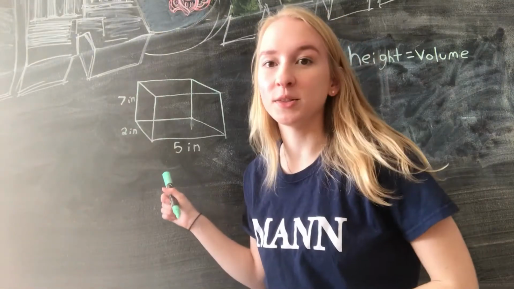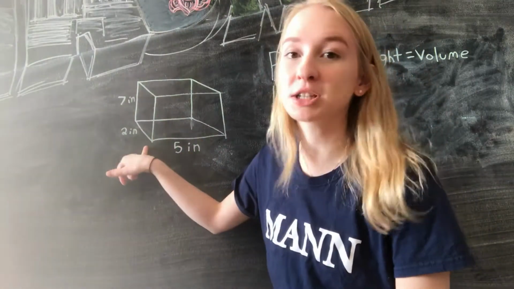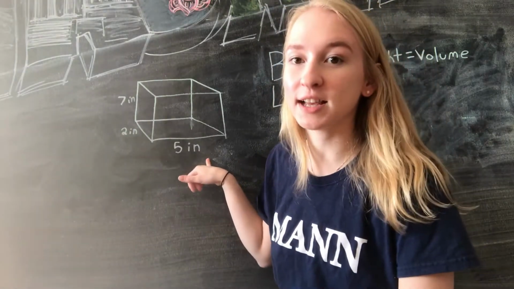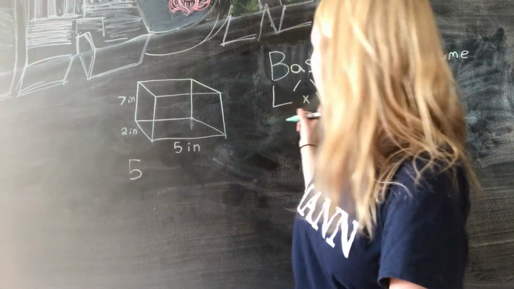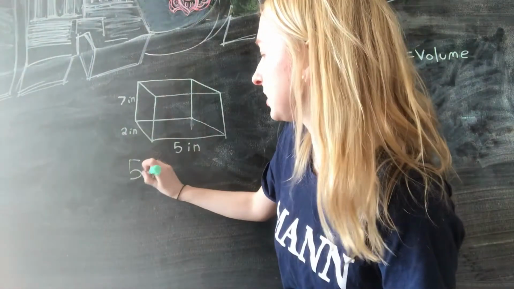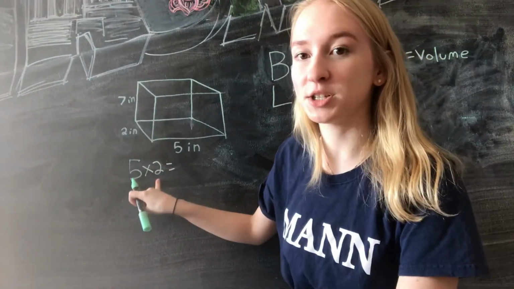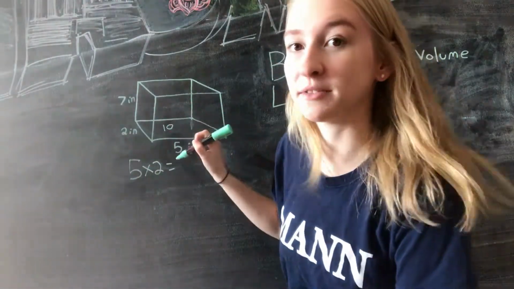So over here on the board, I've drawn a rectangular prism with some dimensions, and we're just going to practice using this formula. So here I have the length as 5 inches, so I'm going to write 5. Then I have the width as 2 inches, so I'm going to multiply this by 2. And 5 times 2 I know will give us 10, so I'm going to put that in there just so I remember.